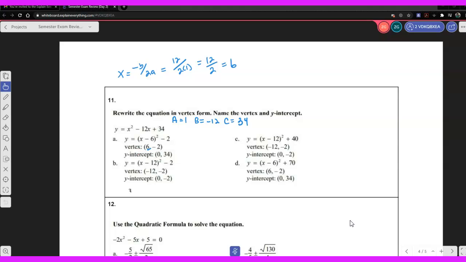So we know that that's 6, that isn't 6, and that isn't 6. So your answer is either A or D. So now to find y, you need to evaluate 6 squared minus 12 times 6 plus 34. So we're going to go ahead and use our calculator.